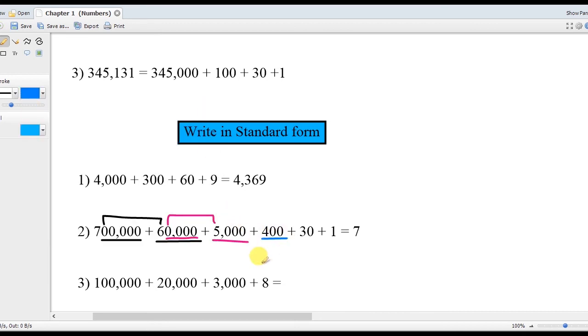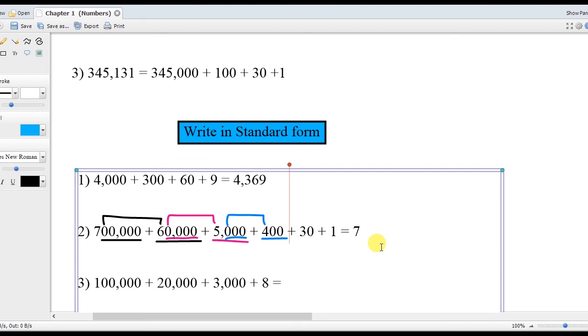The next number is 3 digit. So over here, in the previous number there must be 3 zeros. So we'll just write 4 instead of this 0, and so on and so forth. Okay, so this is 700,000.